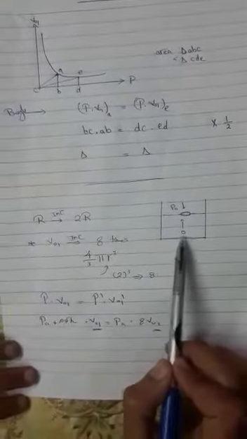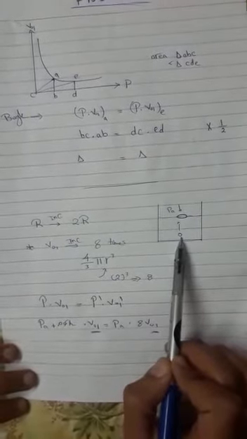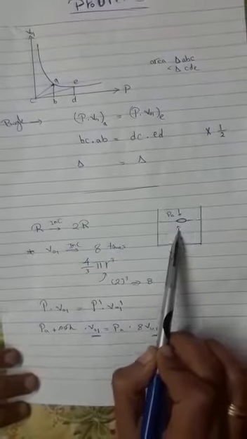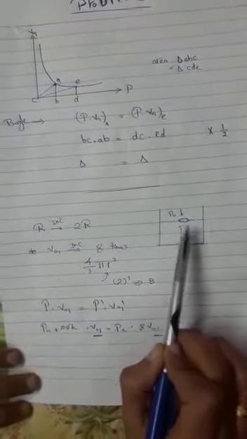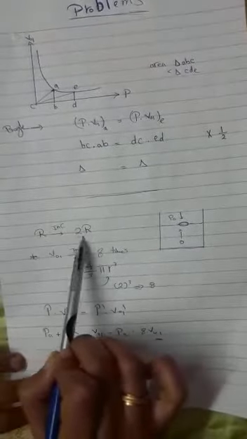Problem 2. We have a bubble inside a liquid. When this bubble moves to the surface of the liquid, its radius increases to double, R increases to 2R.